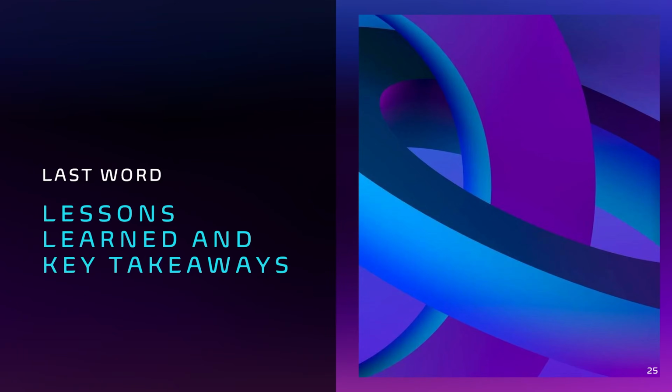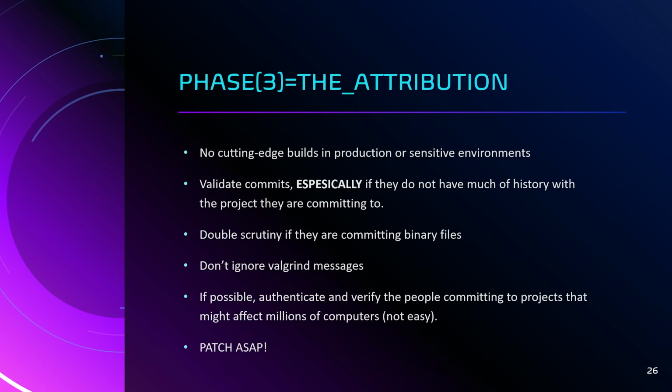So in reality, the lessons learned and last words are these. First of all, as you already know, I'm sure, no cutting edge builds in production or in sensitive environments. The cutting edge, why would you need that, right? In seriousness, in a very sensitive environment, in a production environment, sometimes catching your breath and slowing down and not going with the latest of every single commit and package and fix and improvement, it's fine.